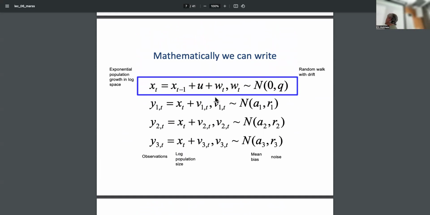So I'm going to write out that I think of the population in that blue area as a random walk with drift. That is exponential population growth in log space. Now, in Ecology 101, when you were taught exponential growth, you probably imagine something that goes like that.